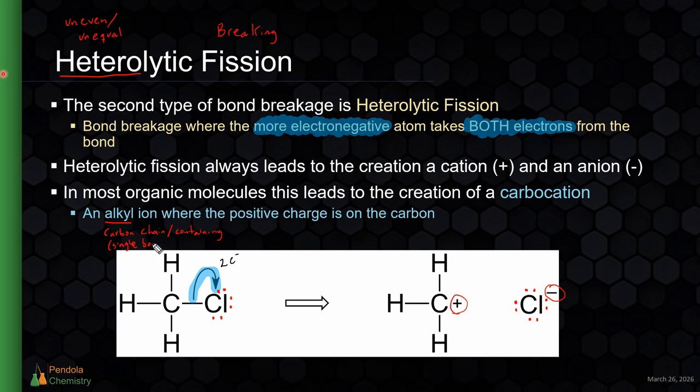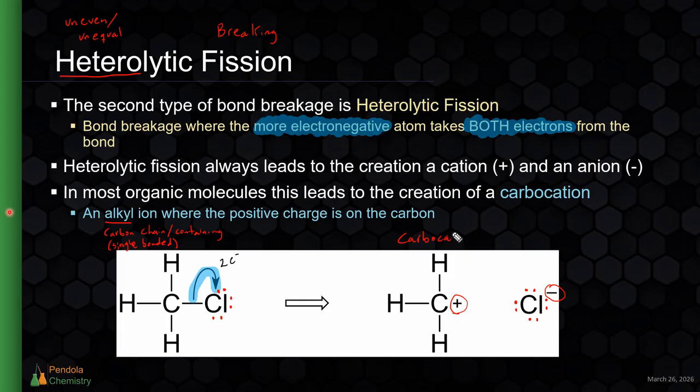So an alkyl ion is simply the ion form of a carbon chain, where the positive charge is on the carbon. So the carbocation, like the name implies, is a cation, a positive ion, on a carbon in an organic compound. So this will be a carbocation right here.